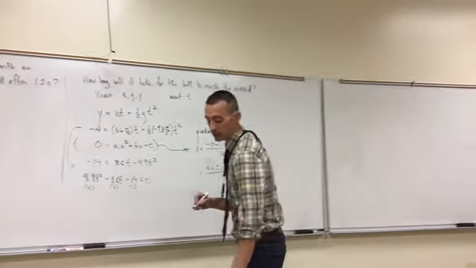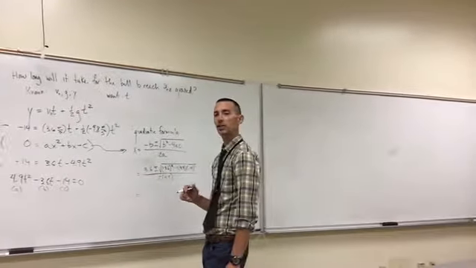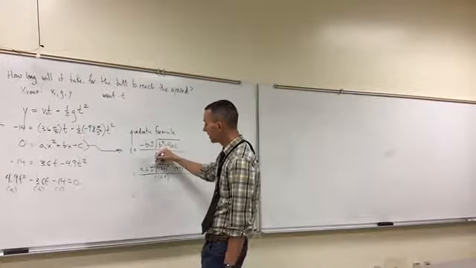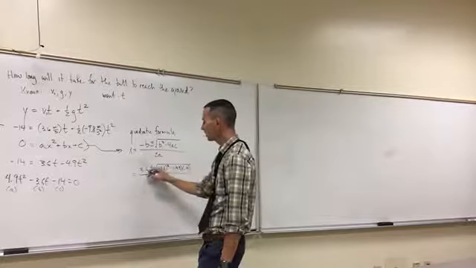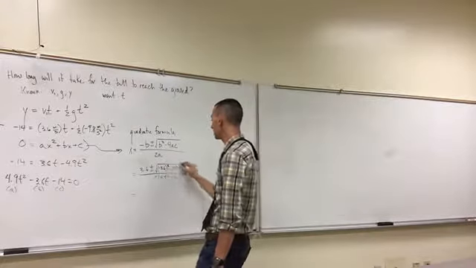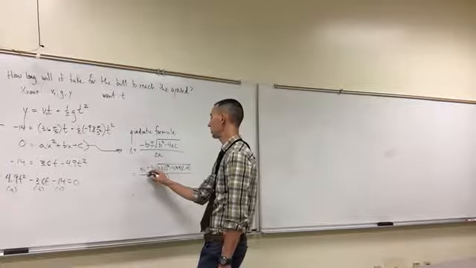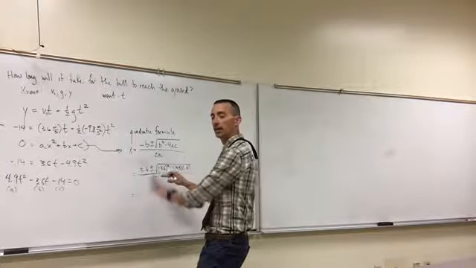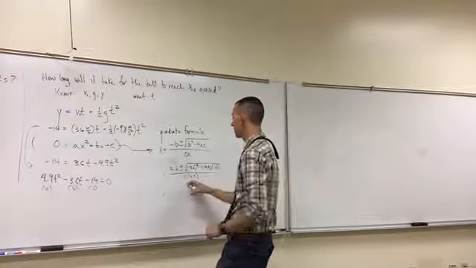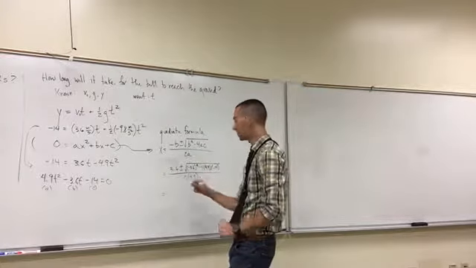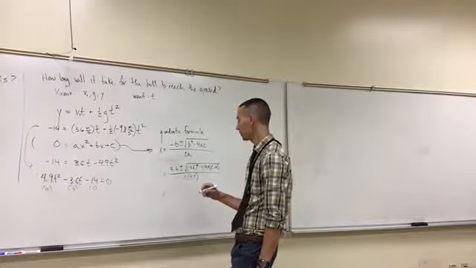Right? This will lead to two potential answers, because in one case you're going to take 3.6 plus this square root term, and in another case you're going to take 3.6 minus that. And then each of those respective values would get divided by the 9.8, the 2 times 4.9.